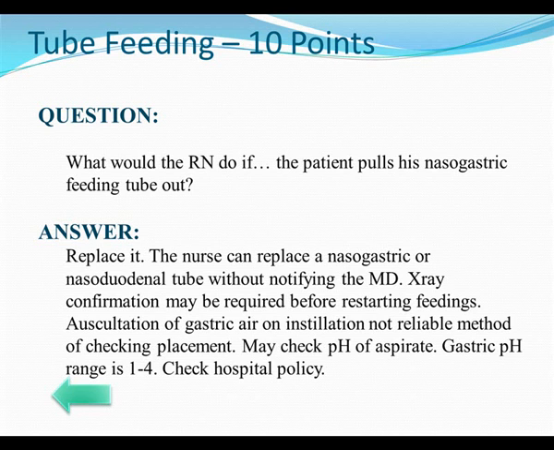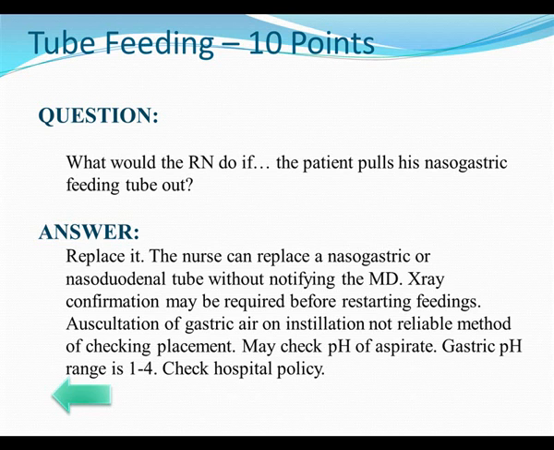So what you need to do is make sure you know hospital policy, get an x-ray confirmation before restarting the feedings if that's the policy. Evidence-based practice says that auscultation of air on installation is not reliable. Some hospitals say check the pH of the aspirate, which obviously is cheaper than doing a chest x-ray. The gastric pH typically is 1 to 4. It's more acidic.